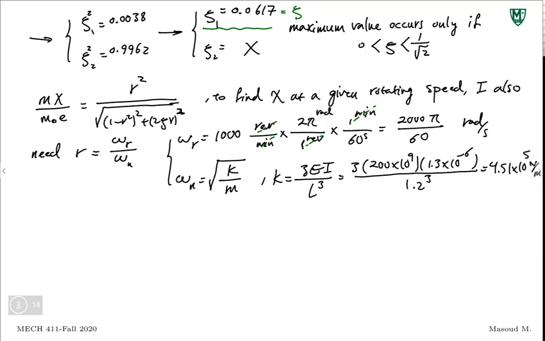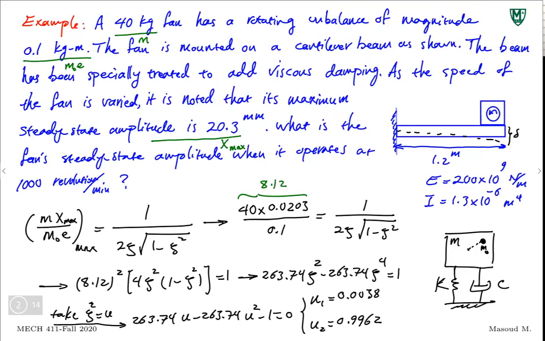As I always said, if you do the calculation and you get a different number, 90% chance, trust your own number, I would say. All right, so omega n from here becomes the square root of this value, 4.51 times 10 to the 5, divided by mass, which was 40 kilograms.